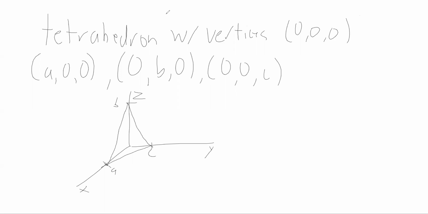So the way we want to integrate over this region is we're going to bound Z with functions, and then look at the region D in the XY plane where X and Y live. So Z is bounded below by the XY plane, right?